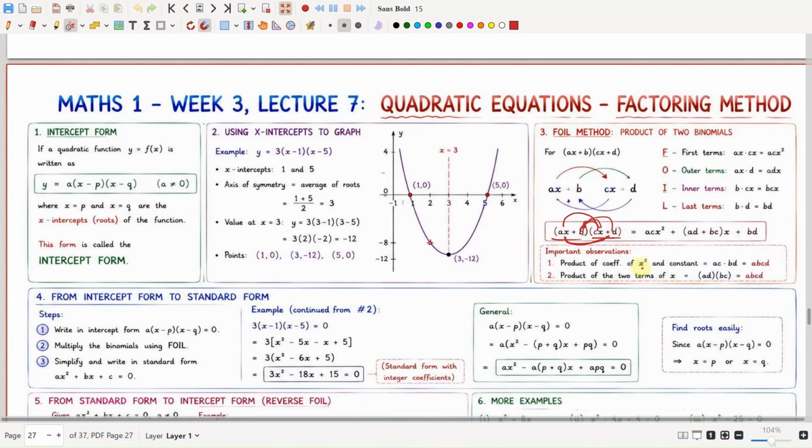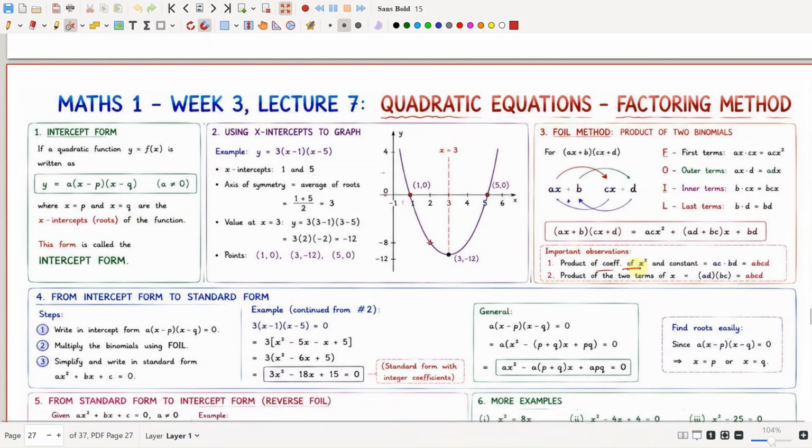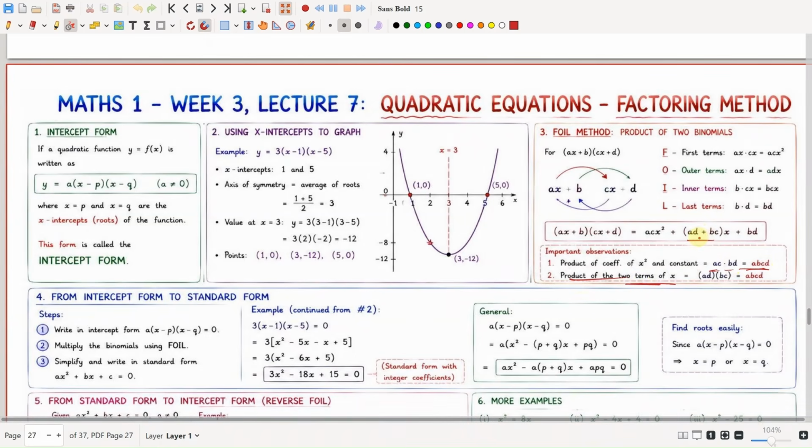Okay, so an important observation is that the product of the coefficient of x square and the constant, that is ac into bd, will be abcd, and the product of the two terms of x will also be abcd. This is one of the important observations in the FOIL method.